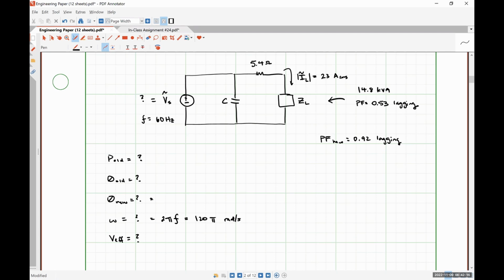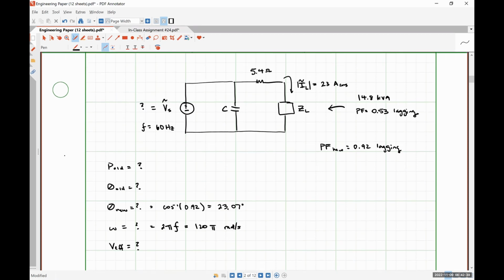Theta nu is going to be the inverse cosine of 0.92, which I can't do in my head, so somebody please tell me what that is going to be. 23.07 degrees. Thank you.